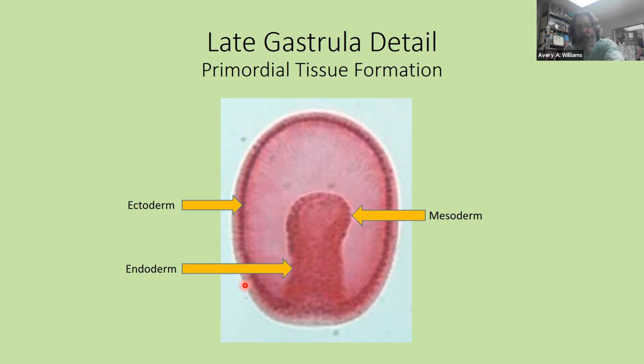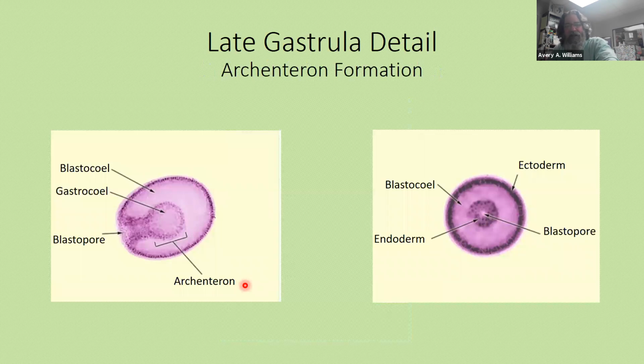Okay. But this is a starfish, and this is the late gastrula. This is another view, looking at some other detail of the late gastrula. Now, remember I said you recognize the late gastrula because of the presence of mesoderm, okay?